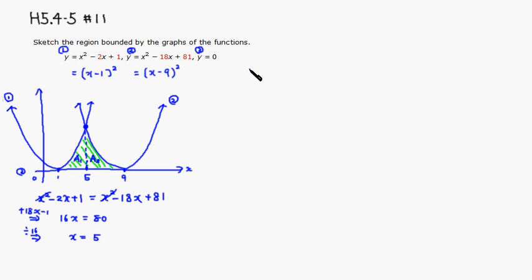All right, so let's find the area A1. So A1 is going to be an integral from 1 to 5, and the top curve is just x squared minus 2x plus 1, right? The bottom curve is y equals 0.